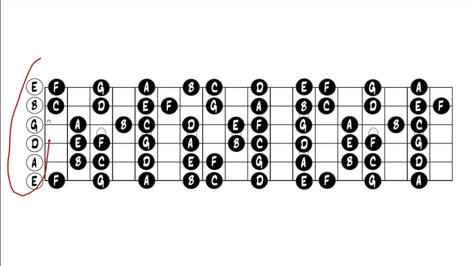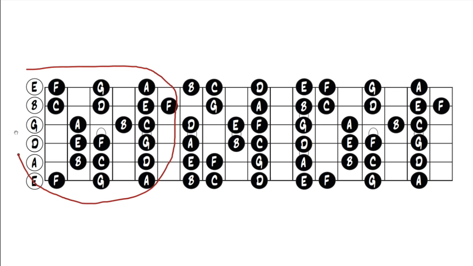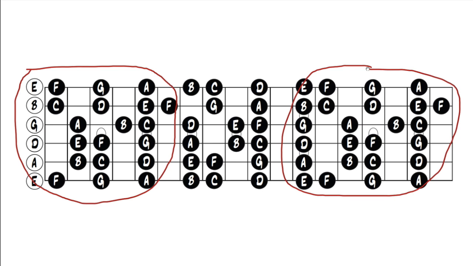So all of these notes are the same as these notes, but these right here in the 12th fret are an octave higher than these, which are your open strings, and then everything else is the same. So right here in the 1st fret are the same notes that are in the 13th fret, but the notes that are in the 13th fret are an octave higher. So you can see that right here, again, is just right here, an octave higher.